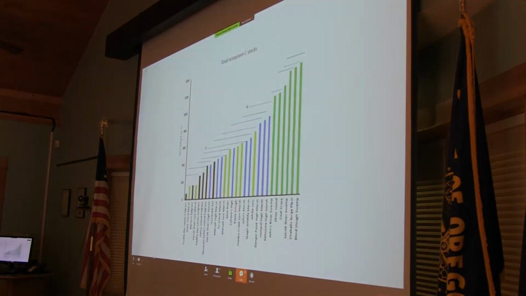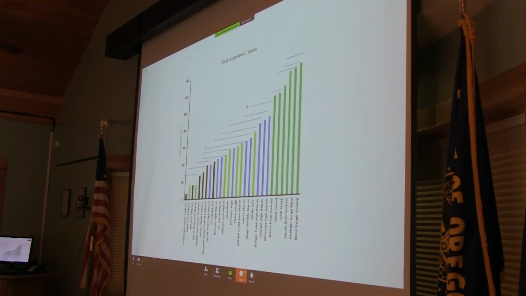Okay, if we look at total ecosystem carbon stocks, this is a real quick look at the total ecosystem carbon stocks of every one of our 34 sites. The first thing you'll see is tremendous variability, from as low as 75 at Willapa Bay upper eelgrass, to almost 1,200 tons of carbon per hectare in the Blind Slough swamp.